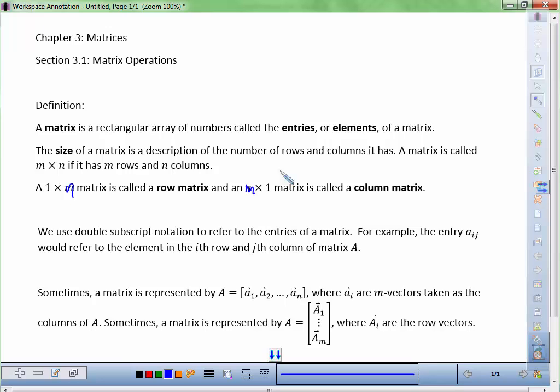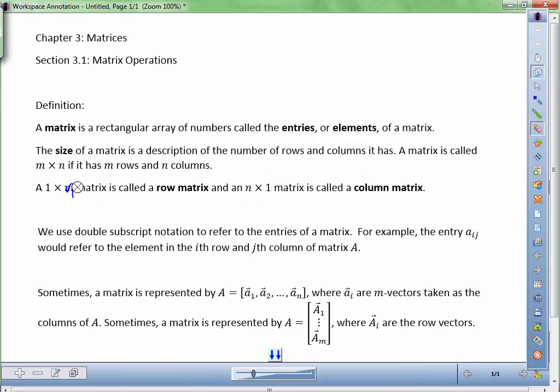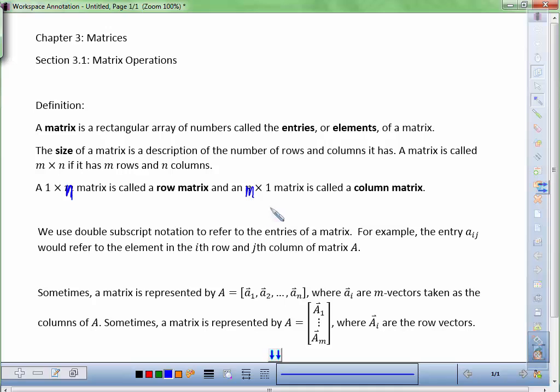So 1 is the number of rows, and then n is the number of columns. So this should be n, and this should be m. A column matrix has m rows and only one column.